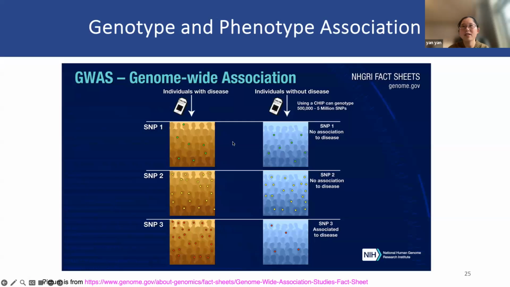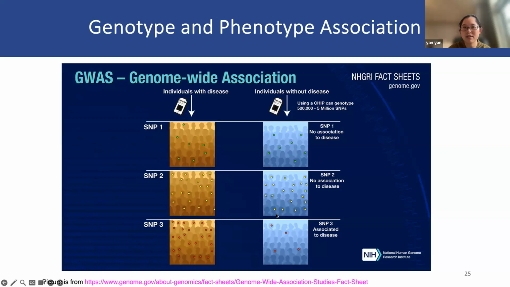So another figure briefly illustrates what GWAS is doing. So we have 3 different spots of SNPs, and we have one population in this yellow-brown color, one population in the green, so, in the blue. So this group of people are the individuals with a certain disease, and this group of people are individuals without disease. So if we scan on their SNP1, we didn't find much difference.